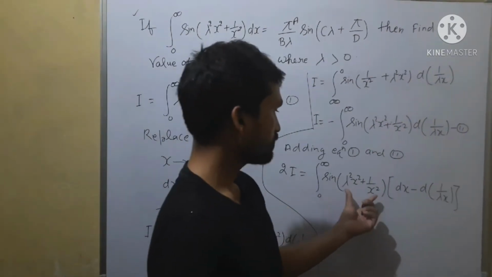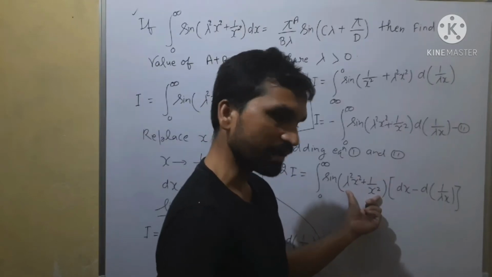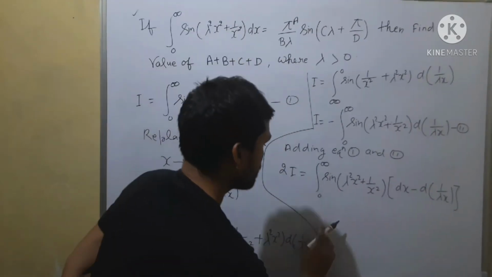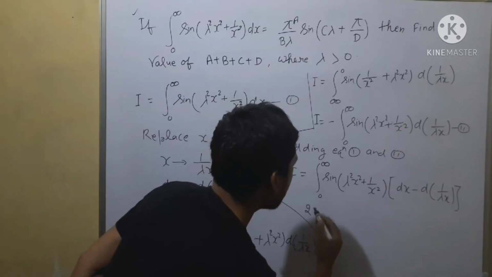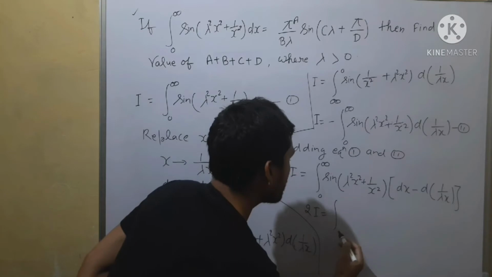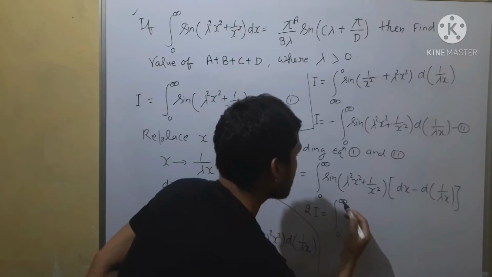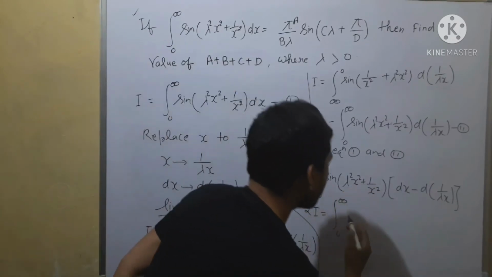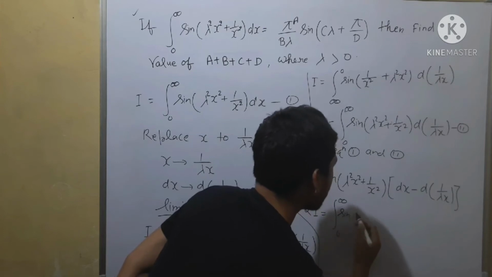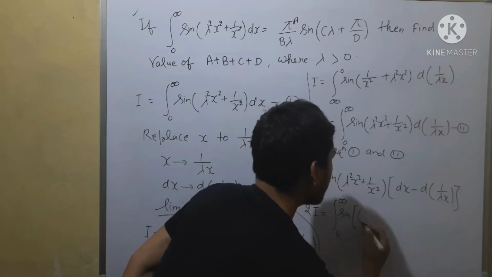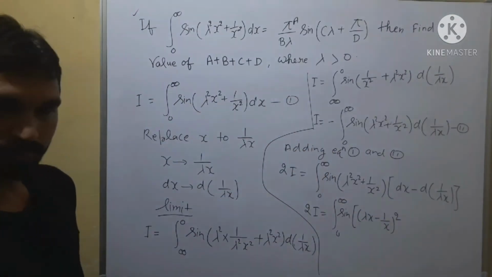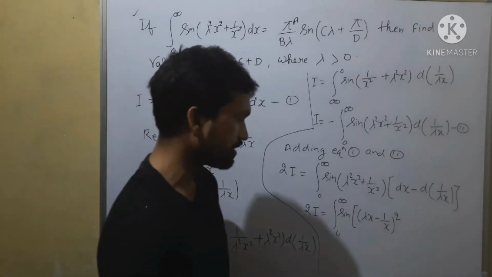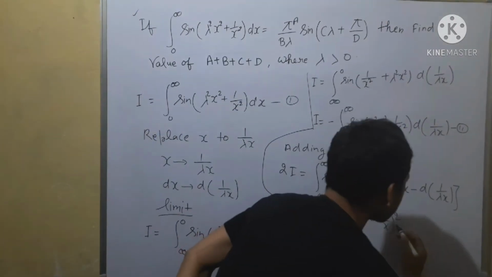After that we will apply a formula. That is 2I is equal to integral from 0 to infinity of sin of (lambda x minus 1 by x) whole square plus 2 lambda.